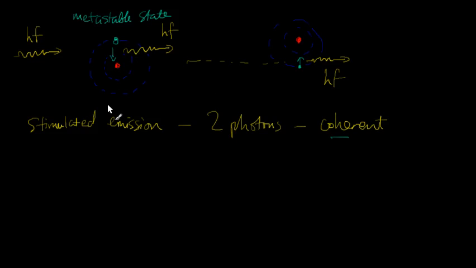And then the situation where we have lots of atoms in an excited state has a name as well. That situation is called population inversion. Now, population here refers to the population of the atoms.